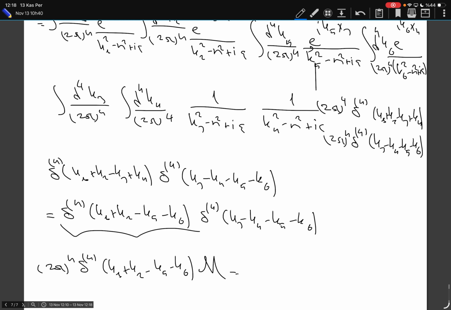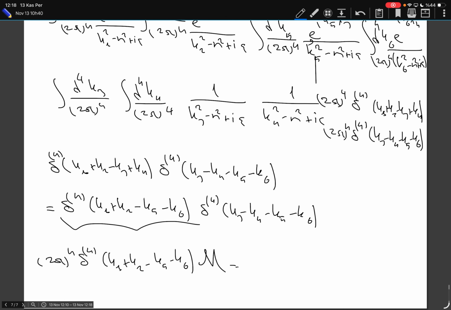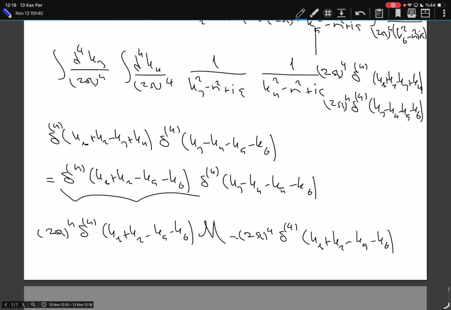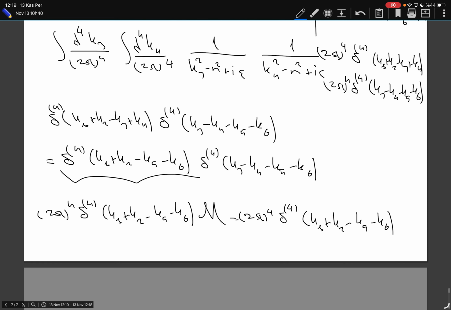These two Dirac deltas, one of those is already outside. The other one, I can evaluate the k4 integral using one of those Dirac deltas, which will give me d4 k3 divided by 2 pi to the 4.